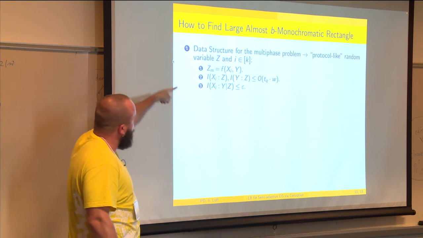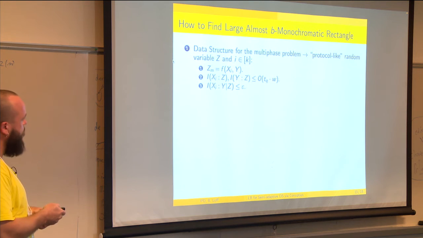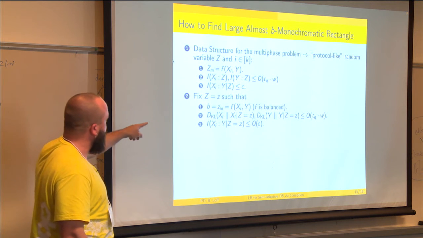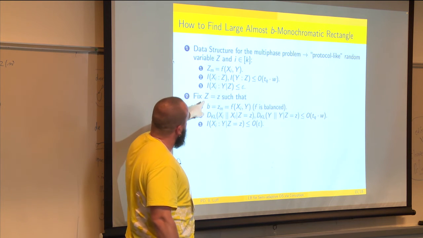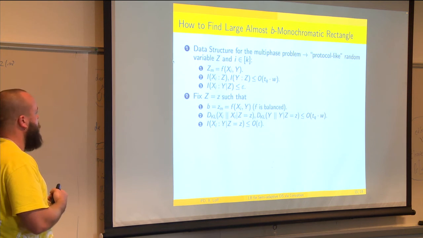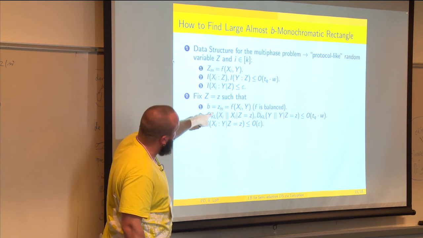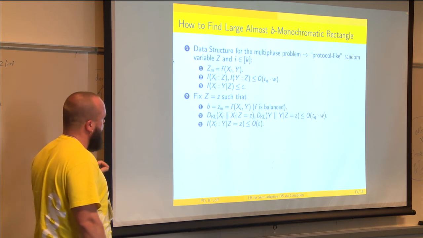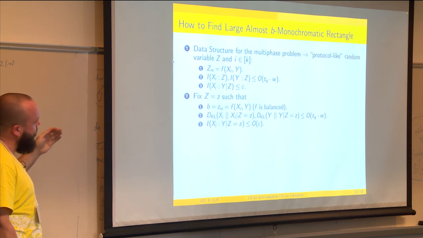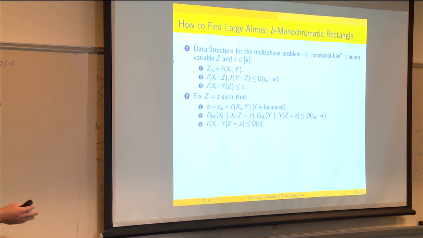So once again, we have this protocol-like random variable z. And so the first step is that we fix the random variable z to some specific value, such that the last bit of our fixing is b. We can do this fixing for both b equals 1 and 0 because f is balanced.